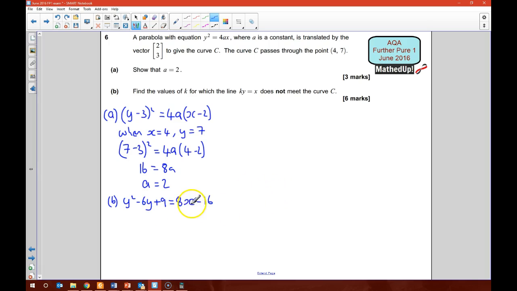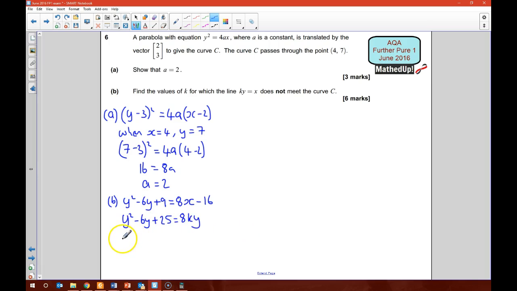Okay, so we're now going to replace the x with ky. So I've got y squared take away 6y plus, and I'm going to add the 16 to both sides while I'm doing this, so plus 25 is equal to 8x or 8ky.